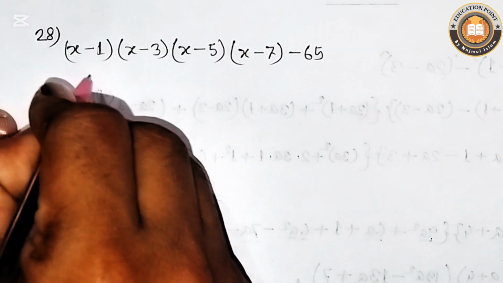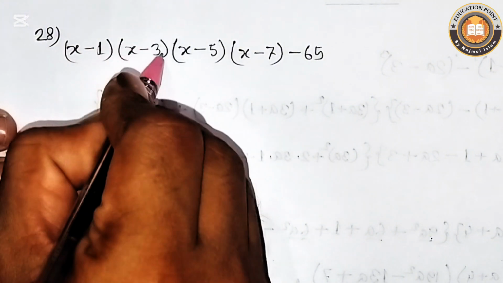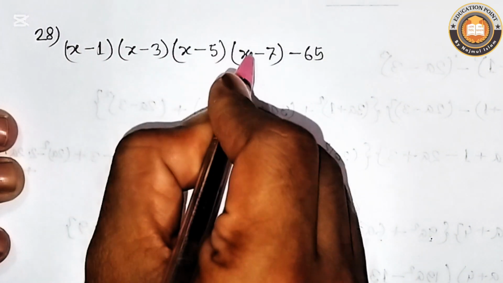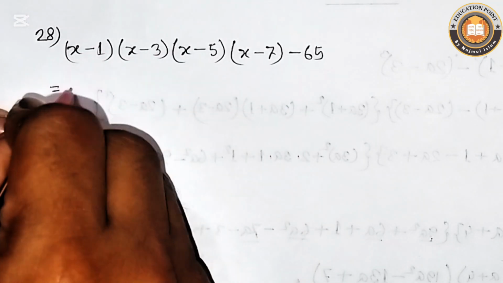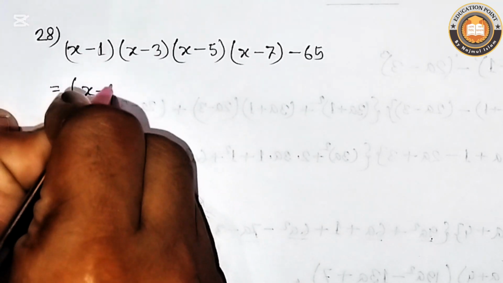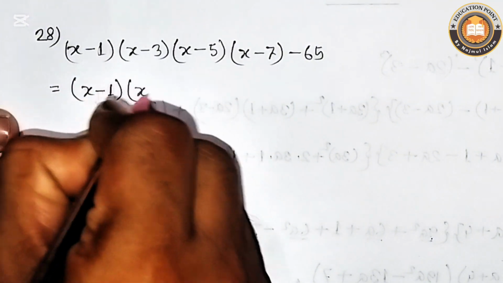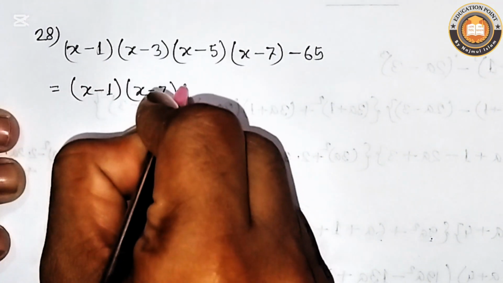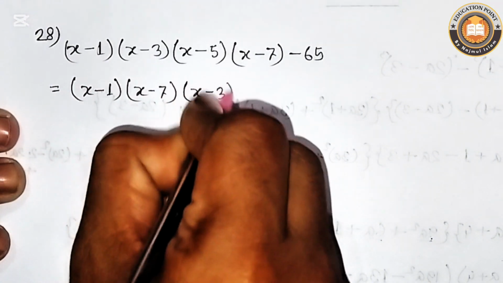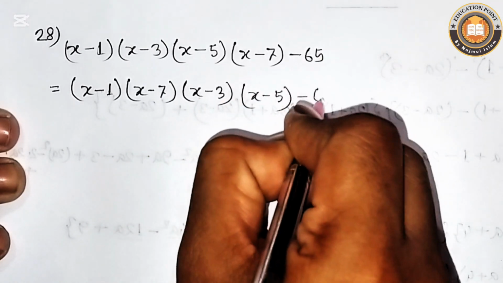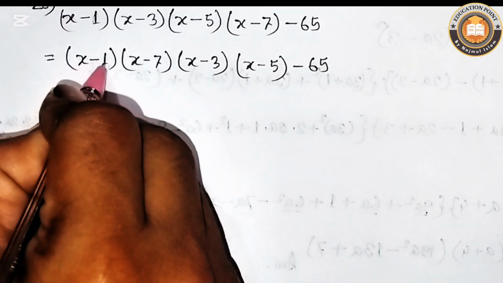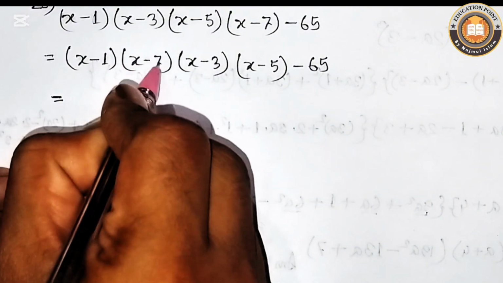Question number 28, x minus 1 into x minus 3 into x minus 5 into x minus 7 minus 65. At first, this expression is rewritten as x minus 1 into x minus 7 into x minus 3 into x minus 5, then minus 65. Now x minus 1 multiply with x minus 7.